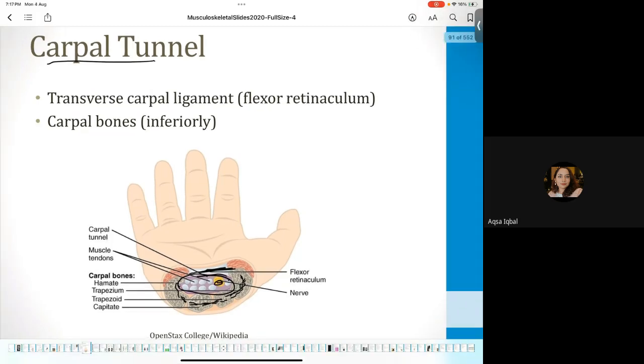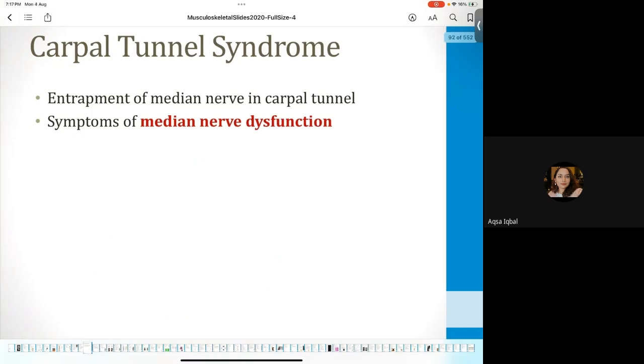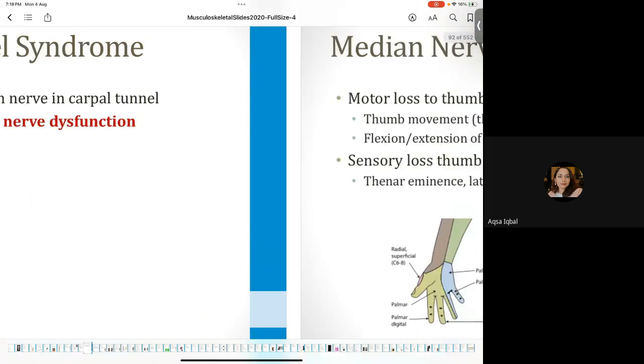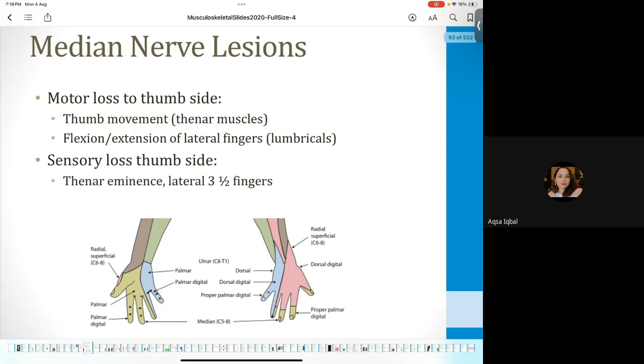In carpal tunnel syndrome, we discussed entrapment of the median nerve. It can be due to amyloidosis, glycosaminoglycans, or acromegaly if the bones are enlarging. Whatever conditions impinge this nerve in the tunnel or wrist are going to give you carpal tunnel syndrome.